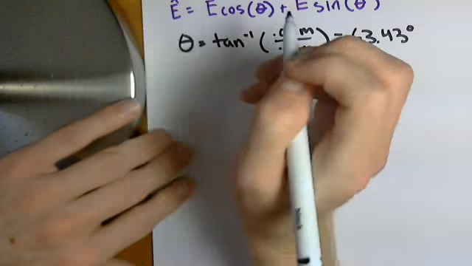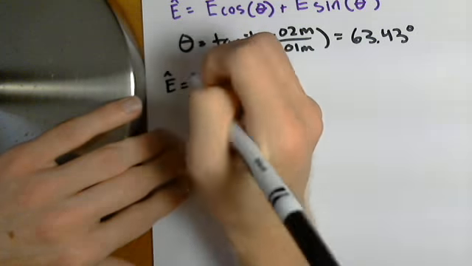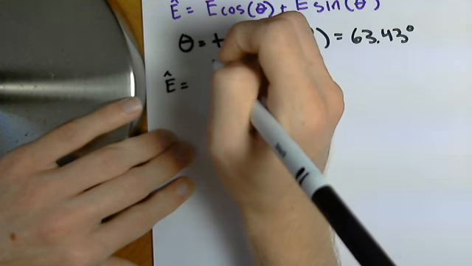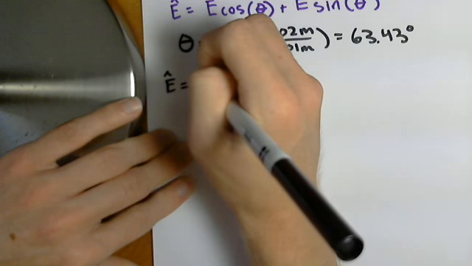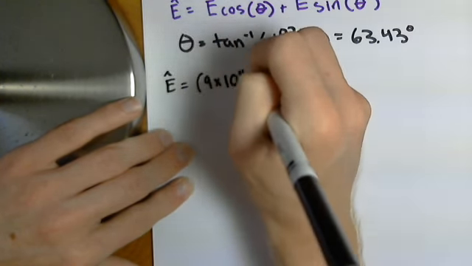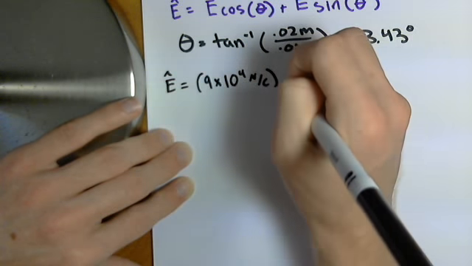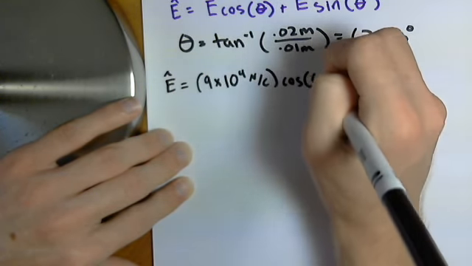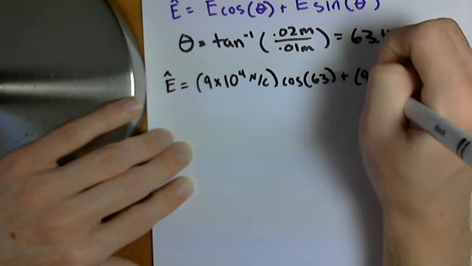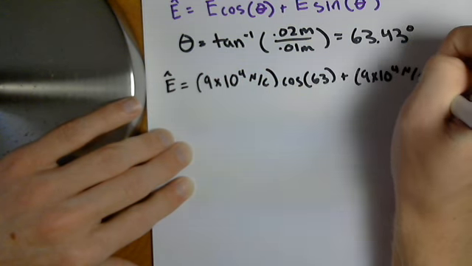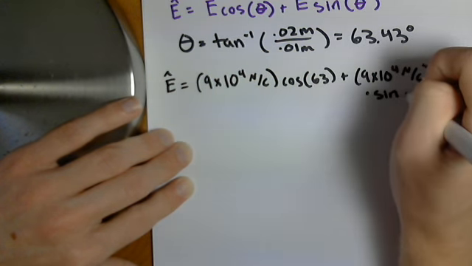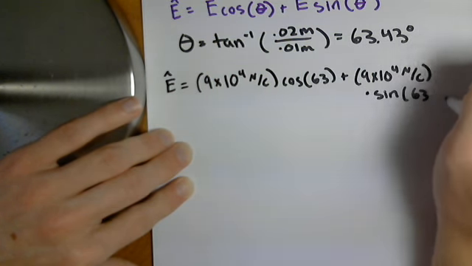Now we can plug all the information into the equation. E1 equals 9 times 10 to the 4th times the cosine of 63 plus 9 times 10 to the 4th times the sine of 63, that's 0.43.